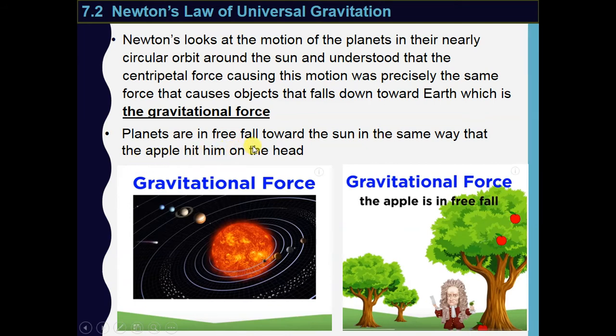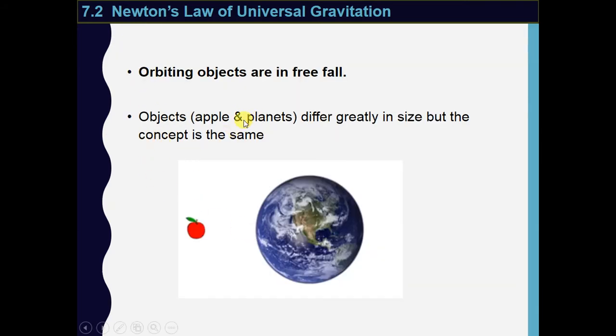Planets are in free fall toward the sun in the same way the apple hit him on the head. So these planets you see, they are all in free fall toward the sun, the same way the apple is in free fall toward the earth. Any object that orbits another object, we say this object is in free fall.